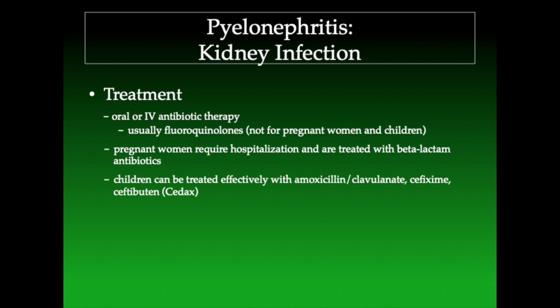Kidney infections are very concerning in pregnancy because they could cause premature birth or preeclampsia. As a general rule, women who develop pyelonephritis during pregnancy are considered high risk. They are hospitalized for treatment and are given IV beta lactam antibiotics, such as cephalexin. If symptoms don't improve, the doctor may add a very strong antibiotic called gentamicin to the treatment.